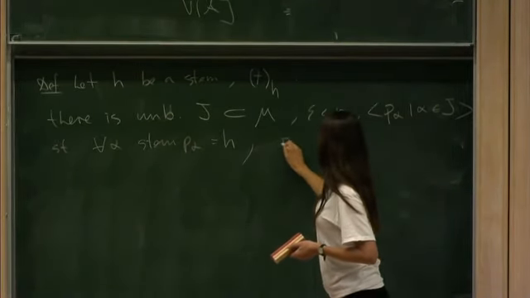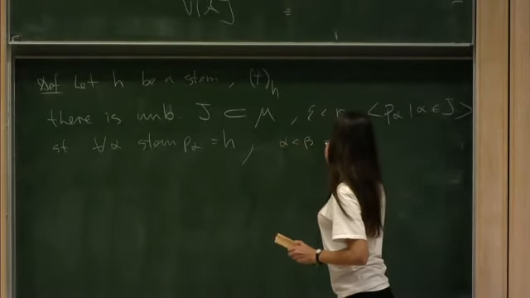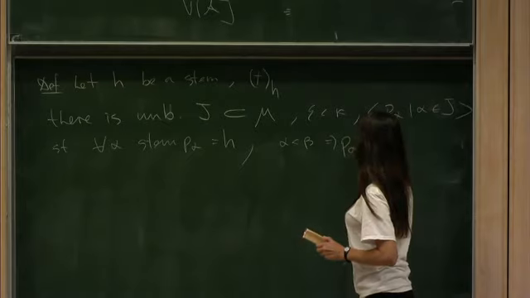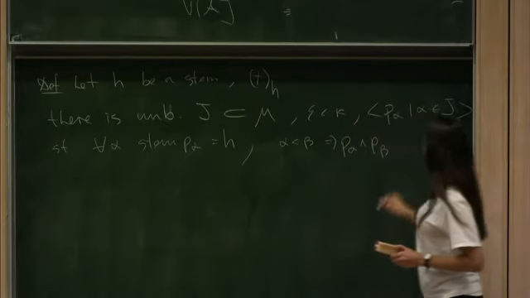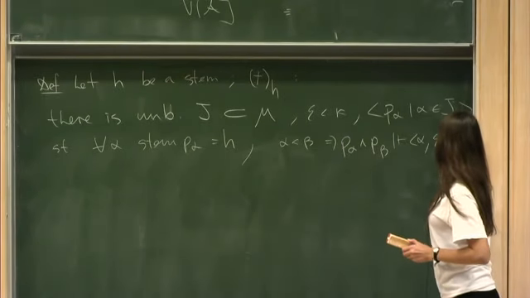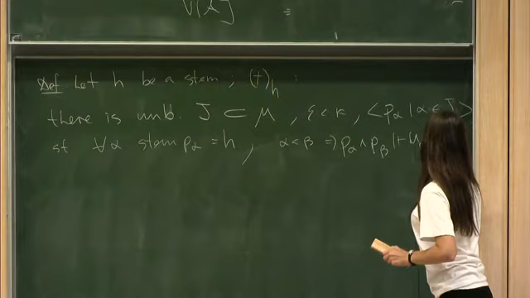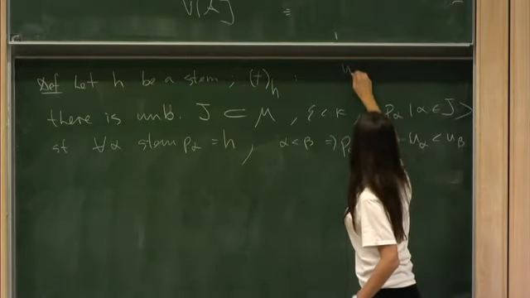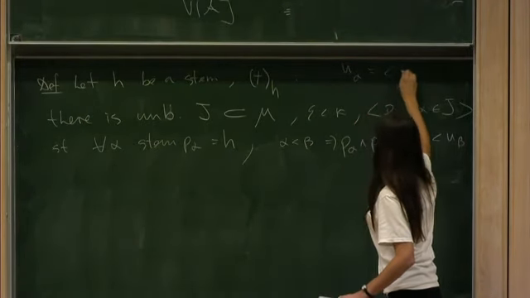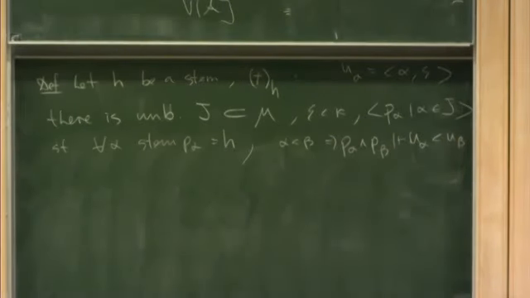Also, we have for every alpha less than beta, p alpha meet p beta forces that u alpha is less than u beta, where u alpha denotes the node alpha psi. So this is just from the Tsai's paper.